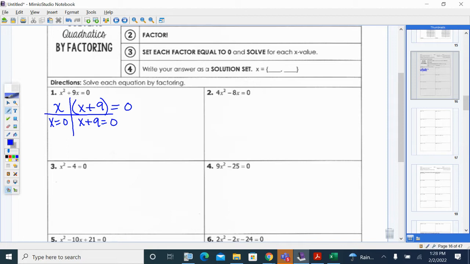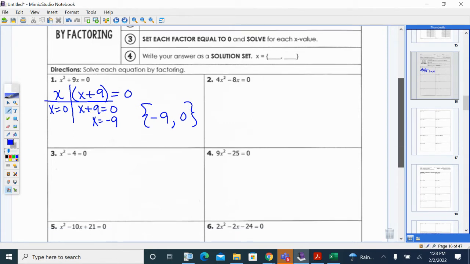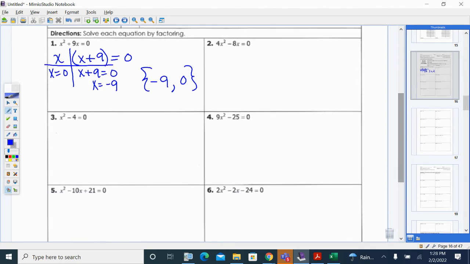The first one, x equals 0, is already solved. To solve x plus 9 equals 0, we're going to subtract the 9 and get x equals negative 9. So my two solutions are negative 9 and 0. And honestly, I don't care what order you put those numbers in when you're stating them in the solution set.